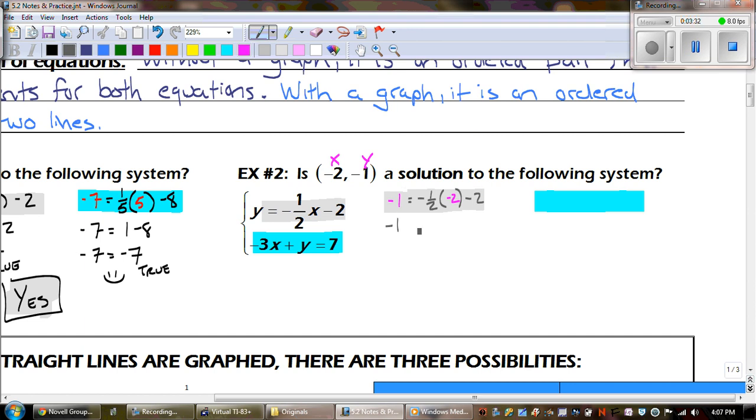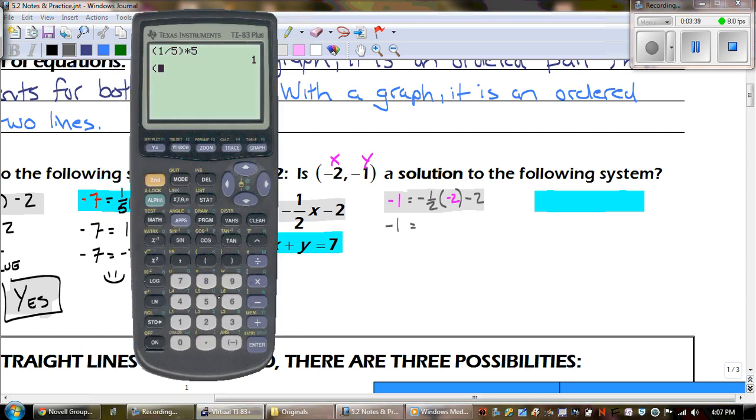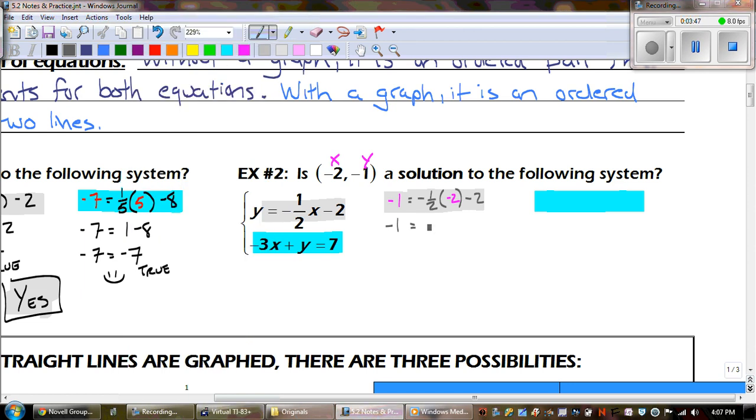The -1 on the left stays the same. -1/2 times -2, if you don't know that, just plug it into your calculator, we get +1. And then 1 minus 2 is -1. We're happy because it's true.